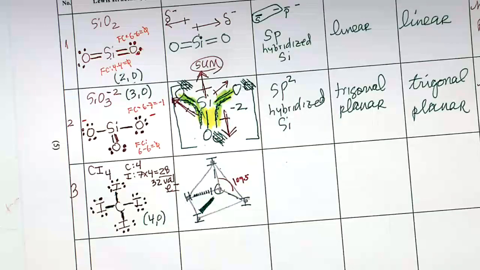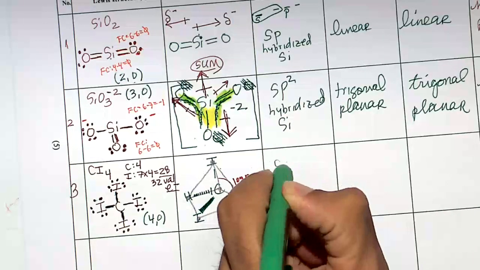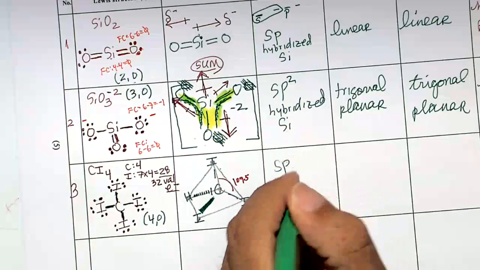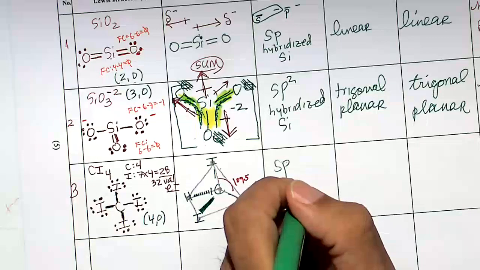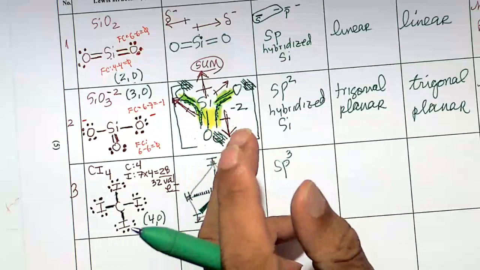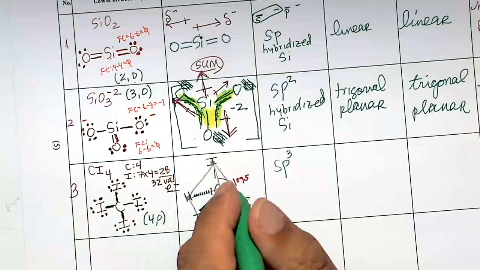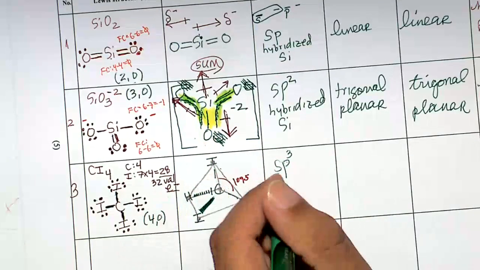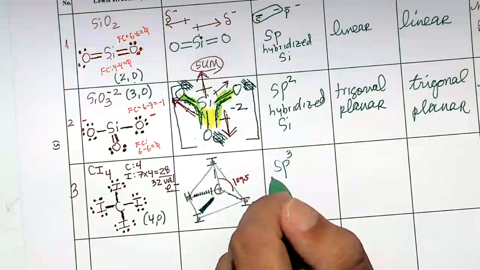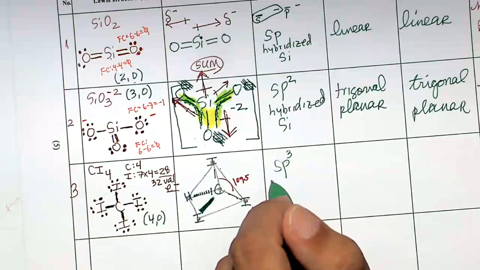How many S's and how many P's will get us 4? So this would be an S, P, how many P's? Okay, this is sp3 hybridized carbon, sp3. We get 1 from S and 3 from P. Okay, P only has 3.